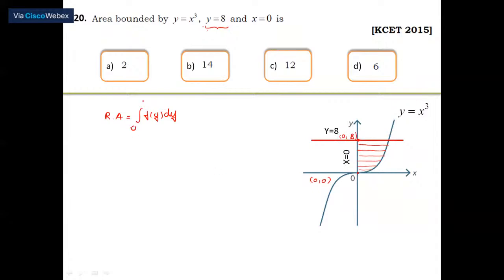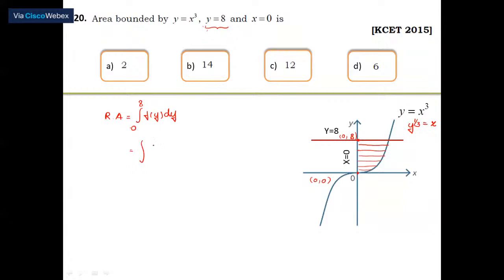So our y varies from 0 to 8. Fine. And here y is equal to x cube. From this, we can consider x as y power 1 by 3. So our f of y is y to the power of 1 by 3.